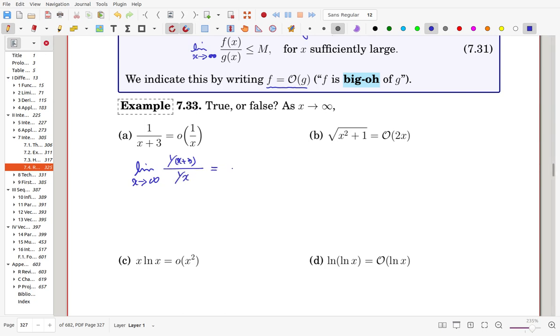This is the same as x over x plus 3. As x approaches infinity, this converges to 1. Of course, it's always less than 1, and converging to 1. So we can say that 1 over x plus 3 is big O of 1 over x, but not little o, so it is false.